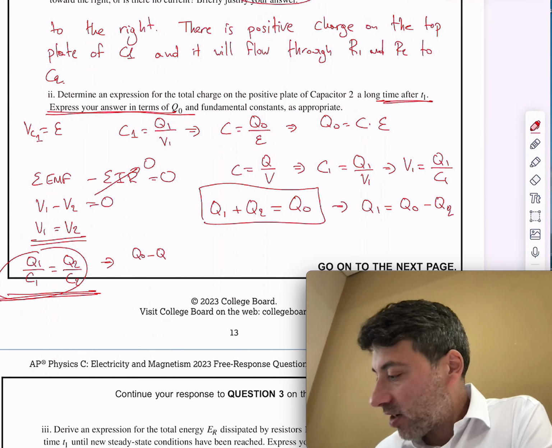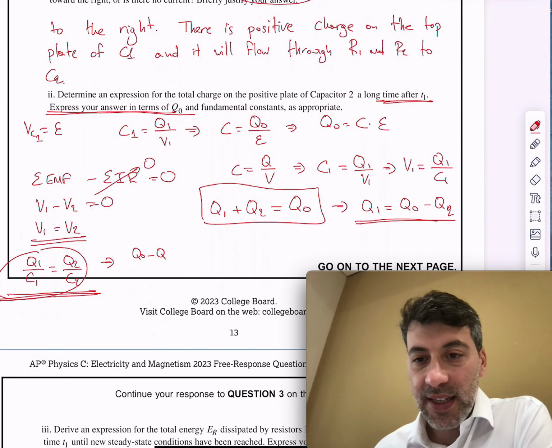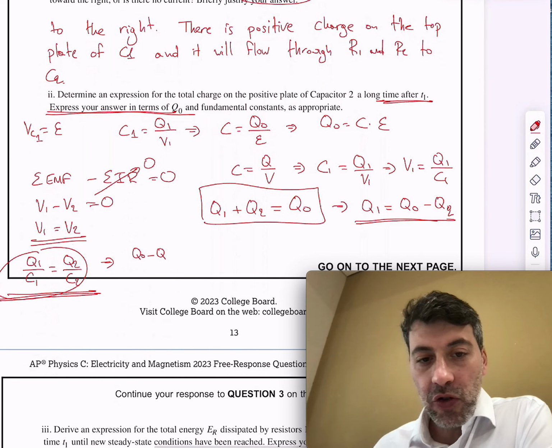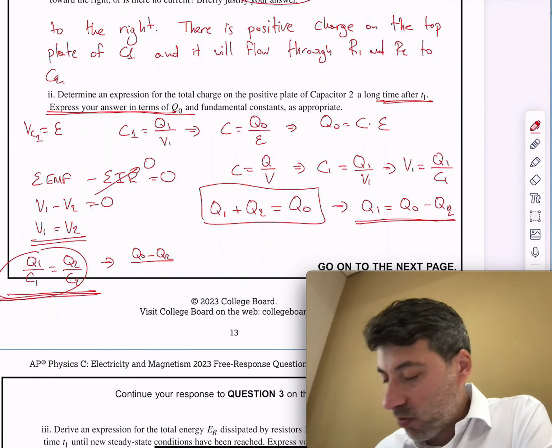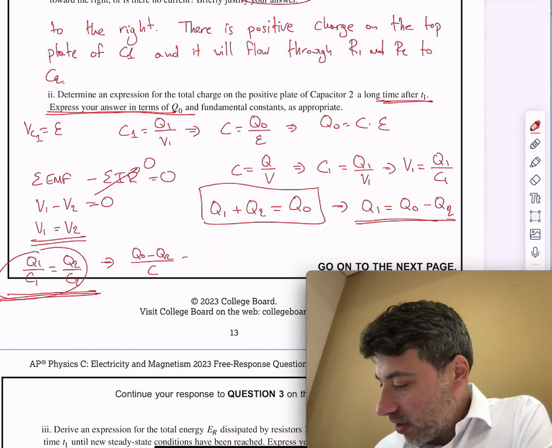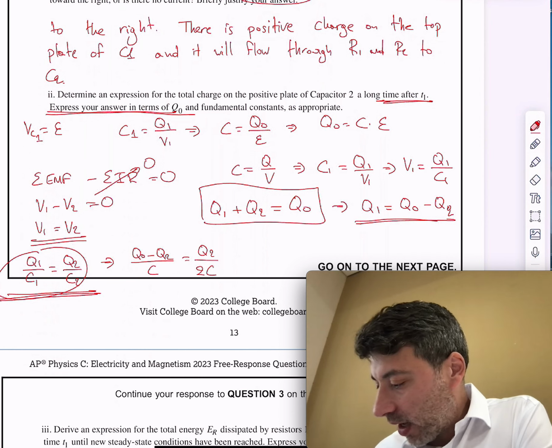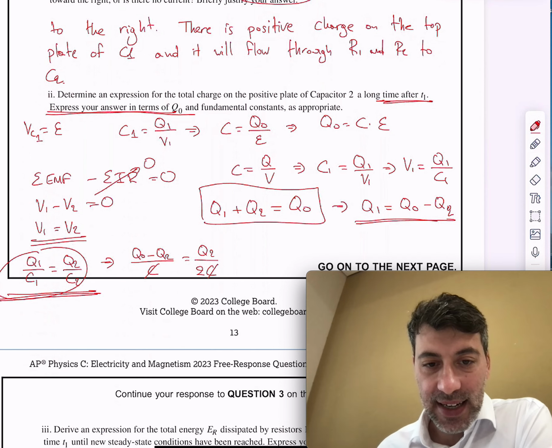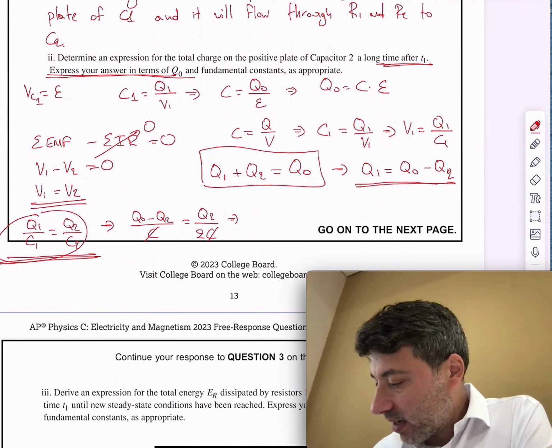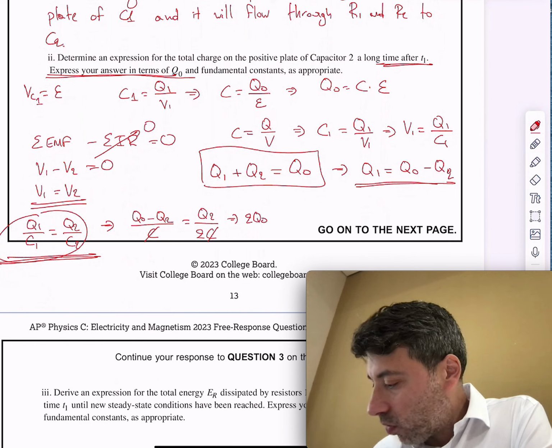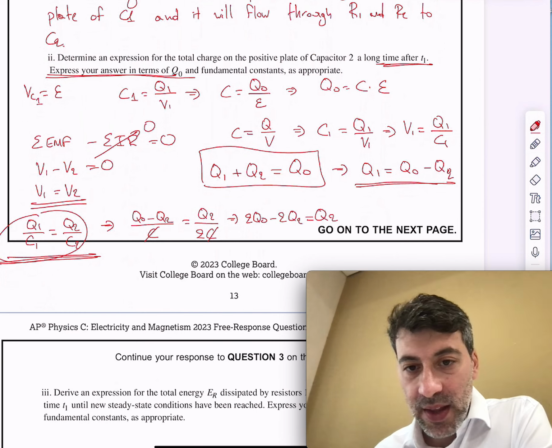Sorry, I made a mistake here. The Q1 was Q0 minus Q2. So Q0 minus Q2 over C1, which was C, is equal to Q2 over C2, which is 2C. So C and C can cancel. And what remains is that 2Q0 minus 2Q2 is equal to Q2.